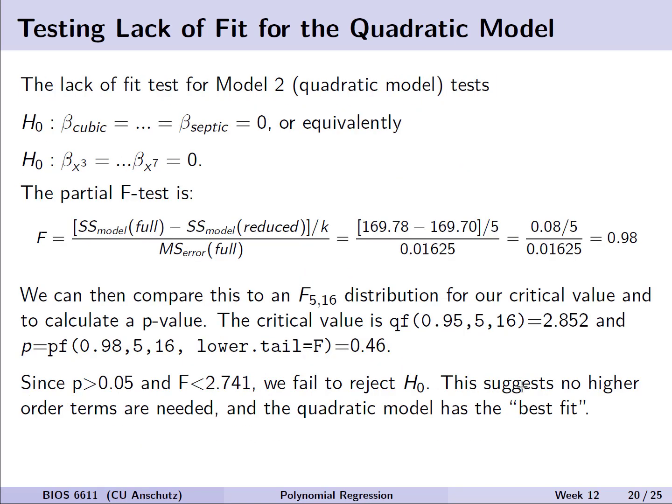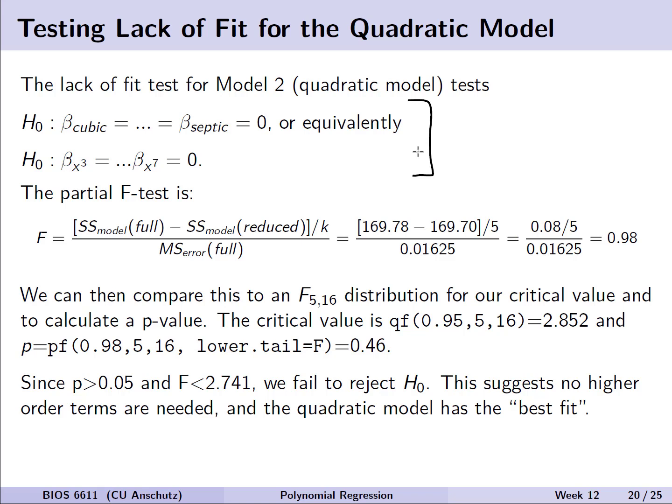A natural question would be, maybe the quadratic model we fit by adding that term with the 2nd power is a better fit, but potentially maybe we need even higher order terms yet. In this case, the hypothesis that we're testing for the quadratic model would be that the cubic up to the septic model terms for beta are all equal to 0.